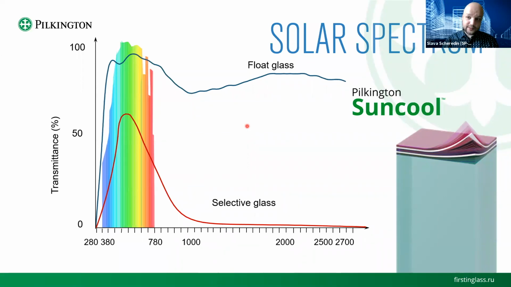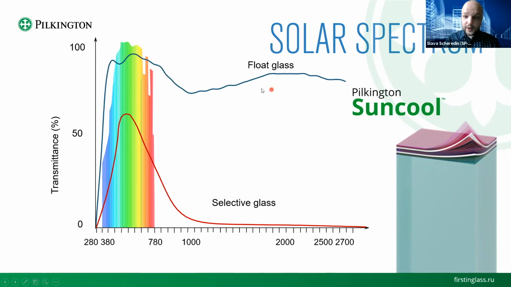But if you're using specialized glass, if you use a special coating, you can make your glass selective, meaning that it will transmit a lot of light in the visible spectrum of the sun, while not transmitting a lot of solar heat, reflecting it back.